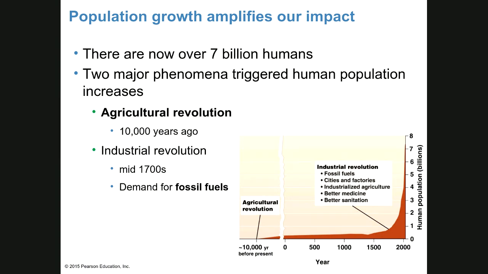You have a decrease in deaths, and so the birth rate stays high until there are a couple of things: a realization that most of your children will survive to adulthood, and so it takes that pressure off of having more children. But also, living in a more industrialized society, you don't really have the need to have so many children, for example, if you're a farmer working the land.